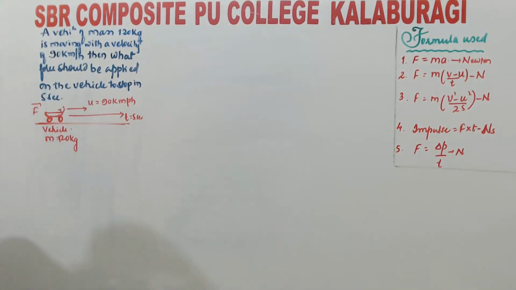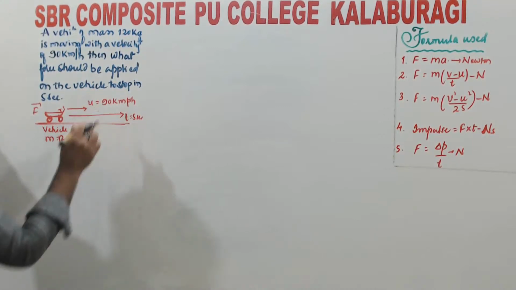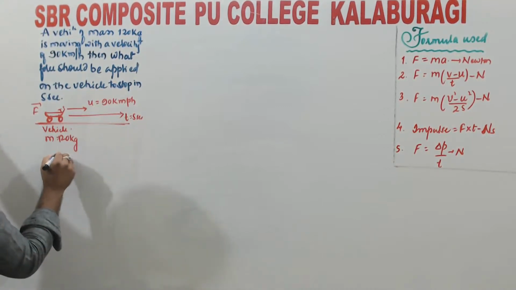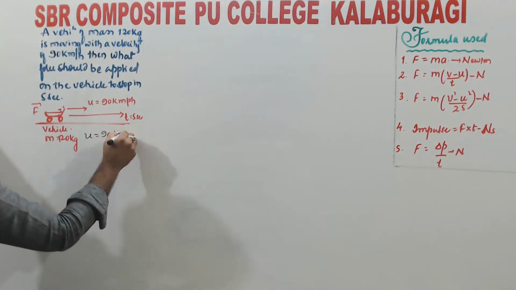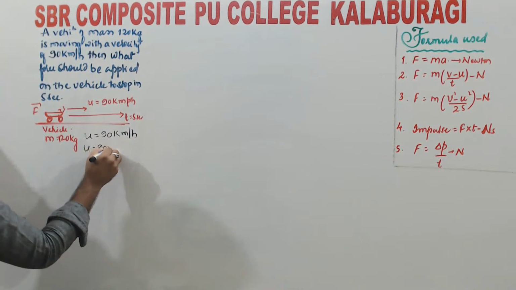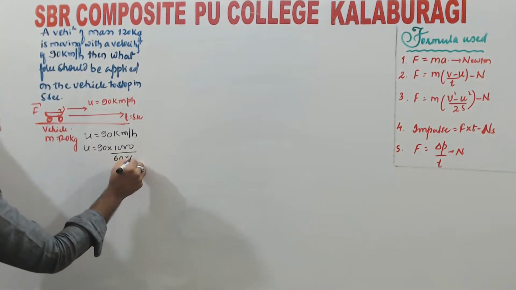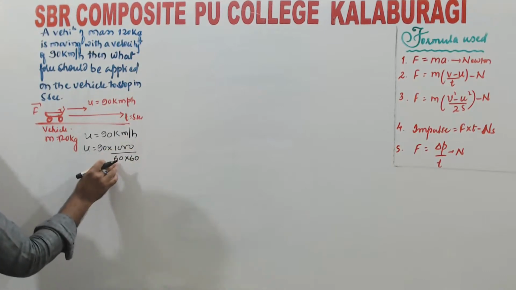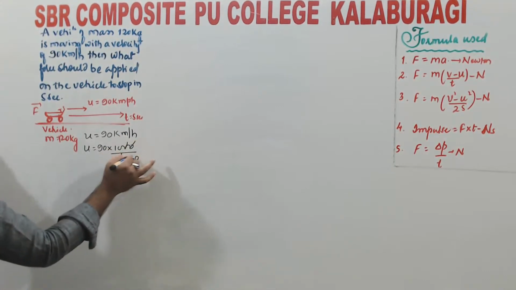Then the condition will be applied here. This is in kilometer per hour, so convert it into meter per second. How do you convert? 90 kilometer per hour can be converted as u equals 90 into 1000 divided by 60 into 60. For 1 hour, 60 minutes, and for 1 minute, 60 seconds. Then the 0 will be cancelled.